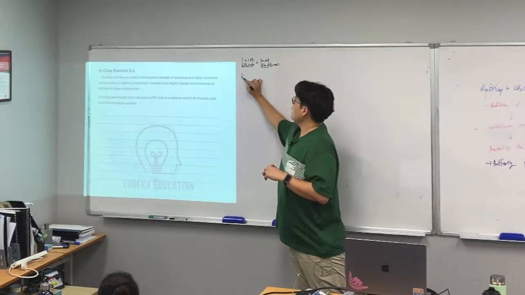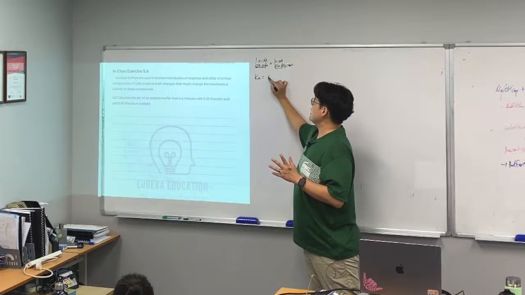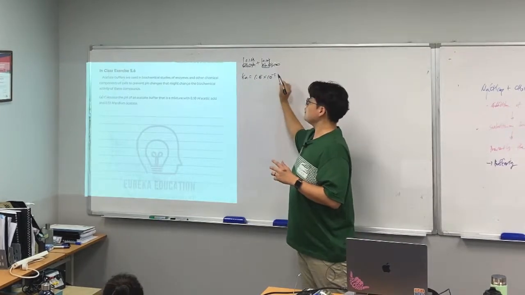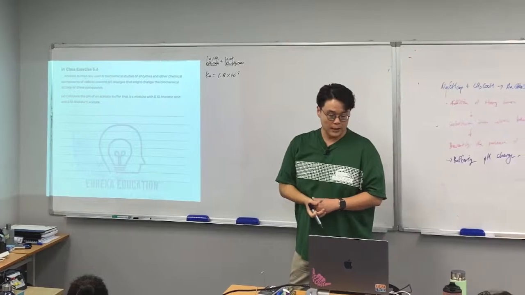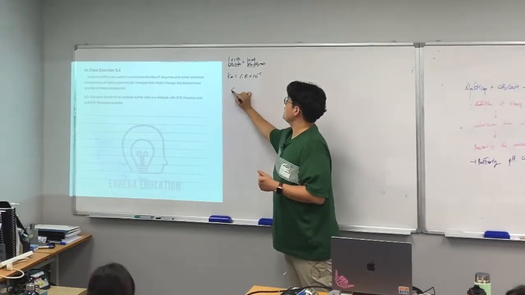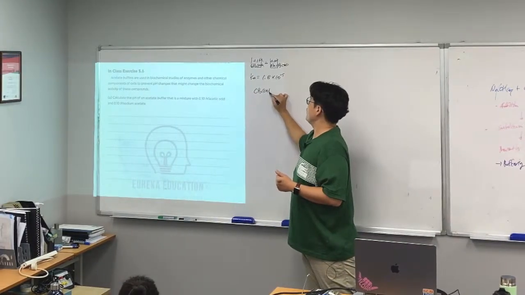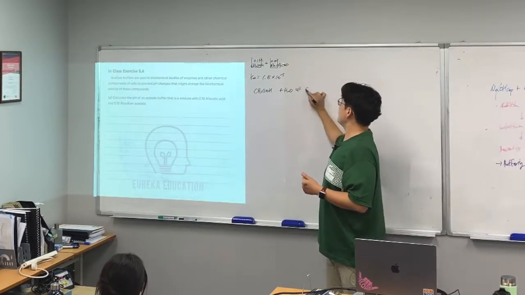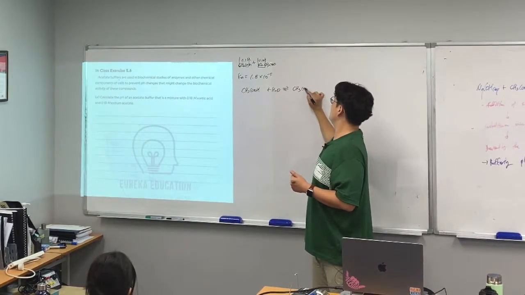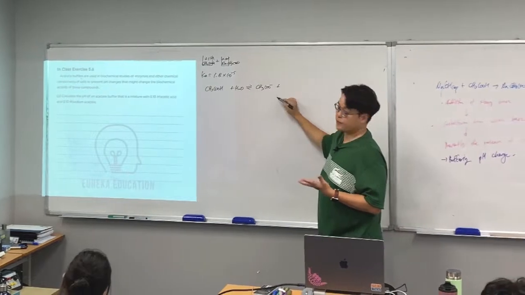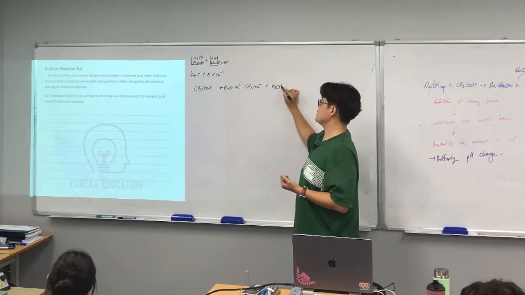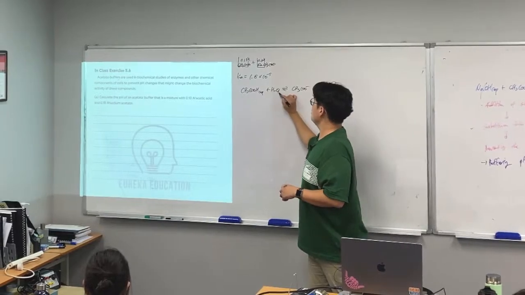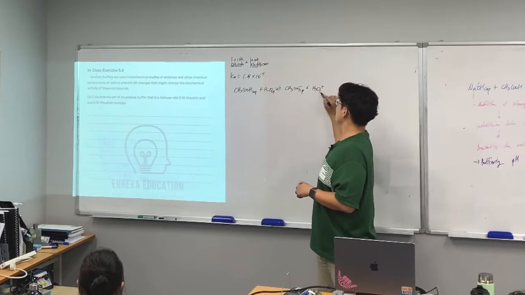The Ka of acetic acid is given as 1.8 times 10 to the power of minus 5. It's given, just write it down. Then we think about the reaction of the acetic acid with water, releasing acetate with some hydronium ion, like this. Write down the states: aq, liquid, aq, and aq.